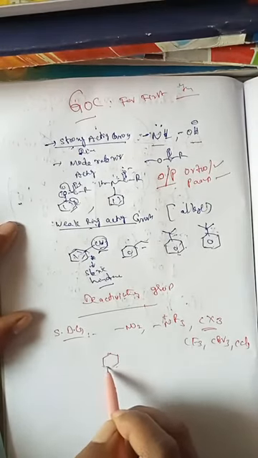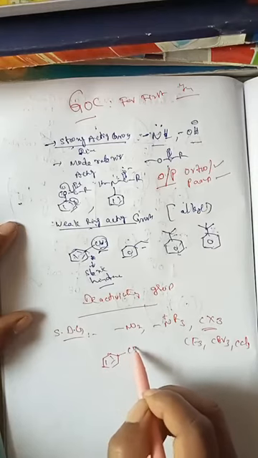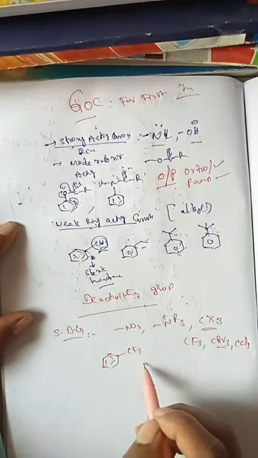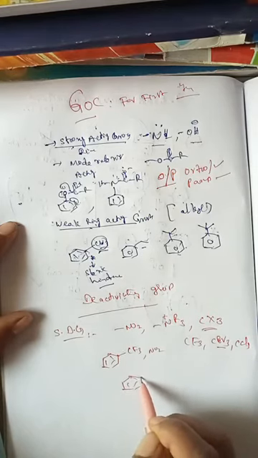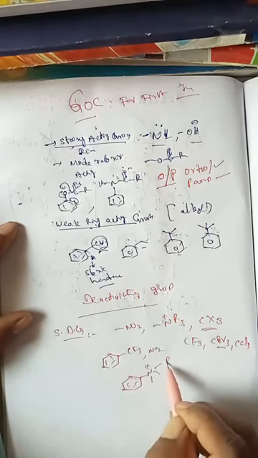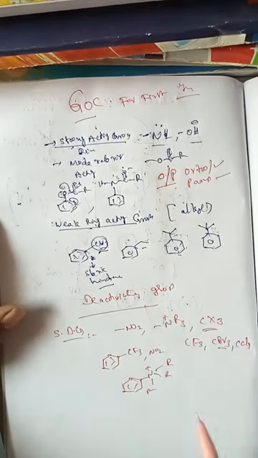That means if the ring contains CF3, CBr3, NO2, or trialkyl ammonium with N plus, this is a very strong deactivating group.